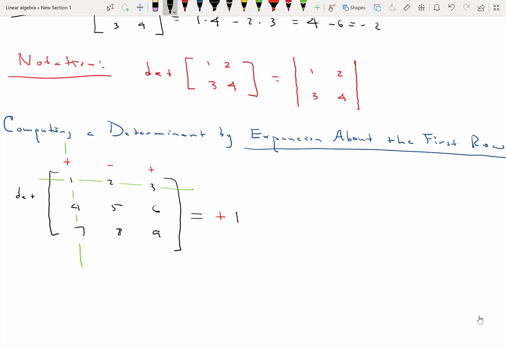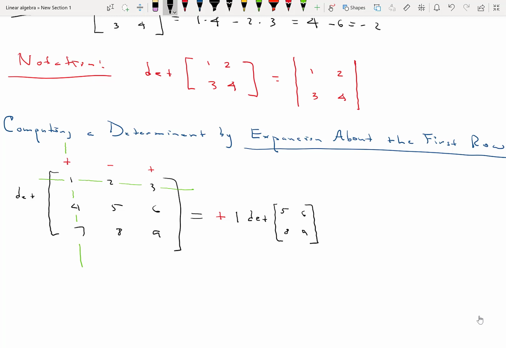And then we multiply that by the determinant of everything that doesn't have a line through it anymore, so the determinant of the entries 5, 6, 8, and 9.